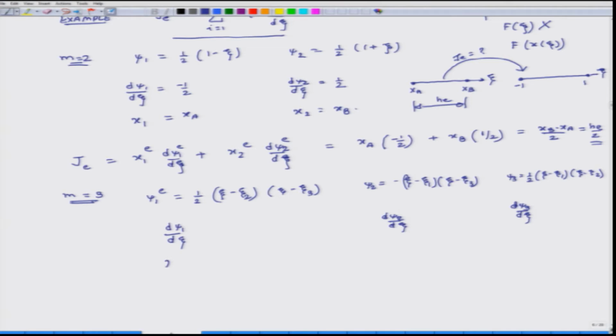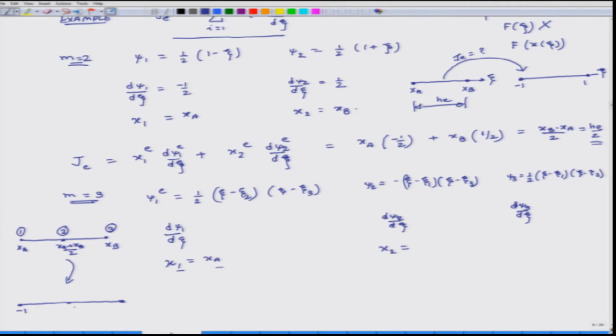And then what is x1 in this case? x1 equals xa for m equal to 3. What does m equal to 3 look like? I have a 3 noded element, node 1, node 2, node 3, with xa, xb, and the midpoint xa plus xb by 2, and this I am transforming to the zeta coordinate system.